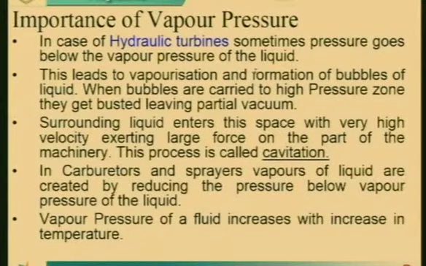The importance of vapor pressure, in case of hydraulic turbines: sometimes pressure goes below the vapor pressure of the liquid. The liquid which is flowing, sometimes because of the change in geometry, because of the change in the energy, the pressure goes below the vapor pressure, and bubbles are formed. These bubbles are carried to a high pressure region, and they collapse.